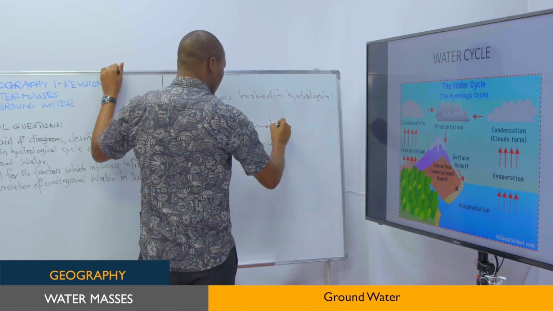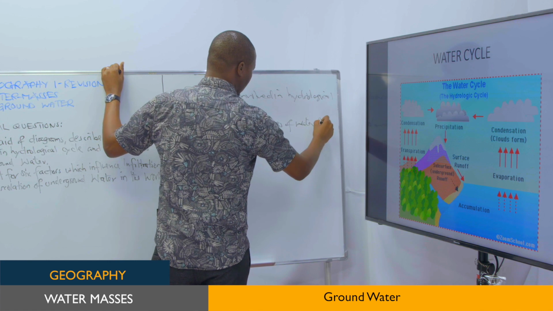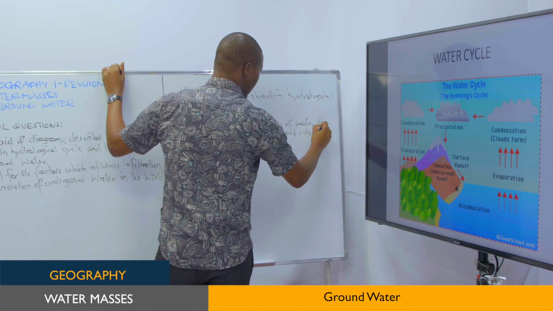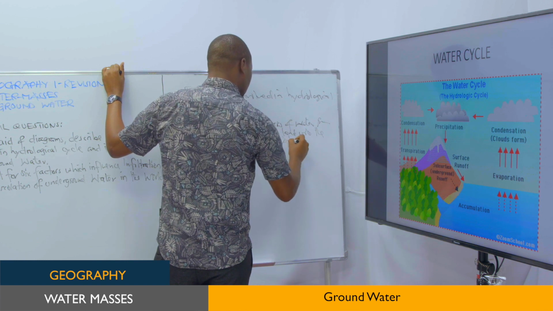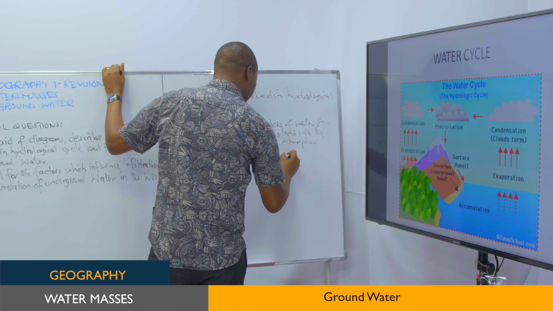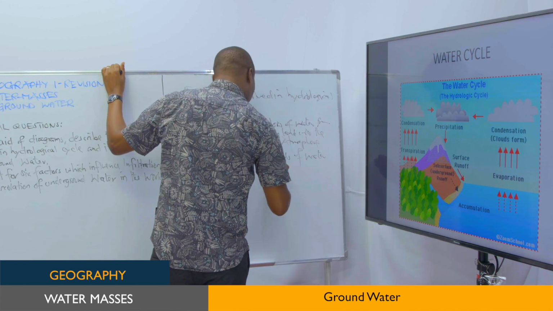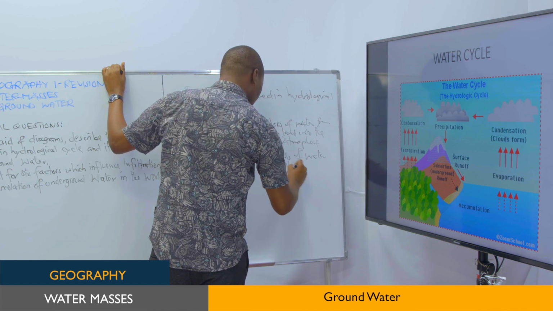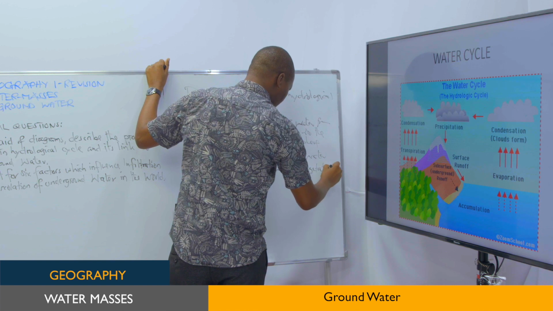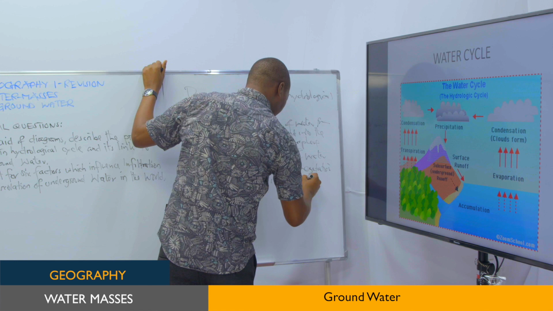It means this loss of water from the land into the atmosphere, that is what we call the evaporation. While the transpiration, it means it is the loss of water from the vegetation into the atmosphere.